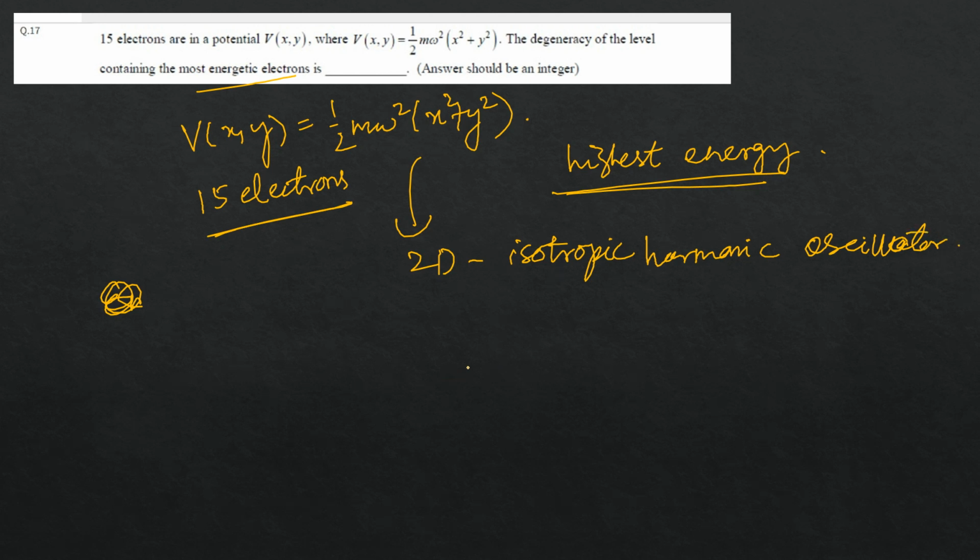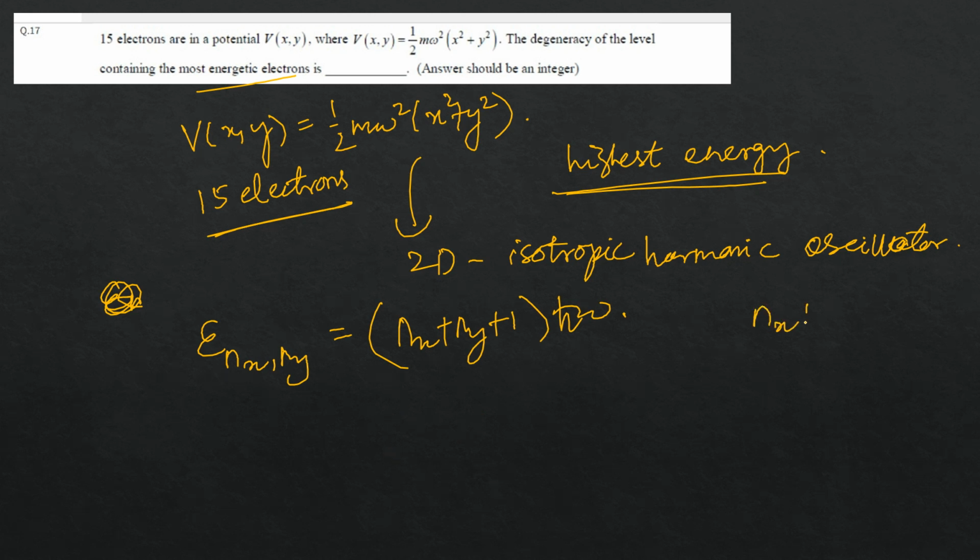So what is the energy for a 2D isotropic harmonic oscillator? E(nx, ny) is equal to (nx plus ny plus 1) times h cut omega. So I can take nx plus ny as n. No problem.